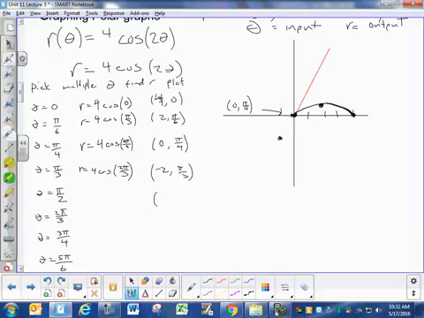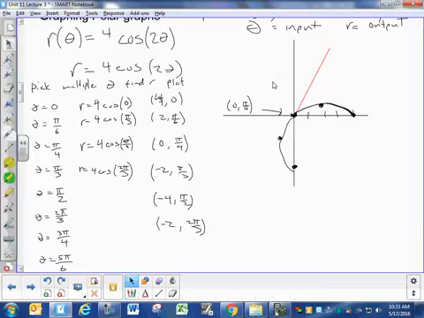If I did pi over 2, it'd be the cosine of pi. I'd have negative 4, pi over 2. So down here. And we can continue my graph. If I did 2 pi over 3, I'd have also a distance of negative 2. So I would go to 2 pi over 3, which is my angle here.